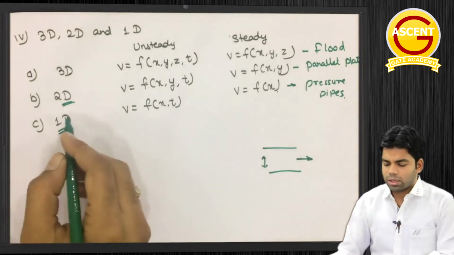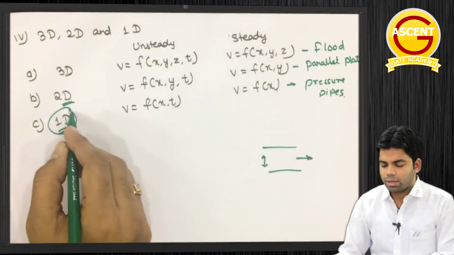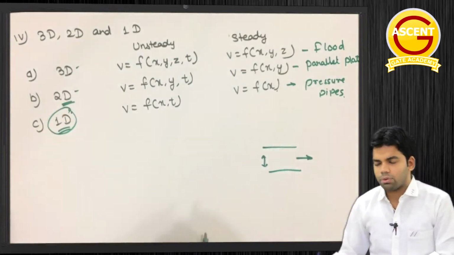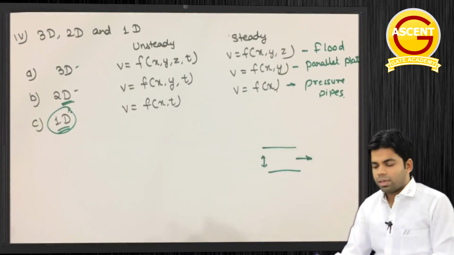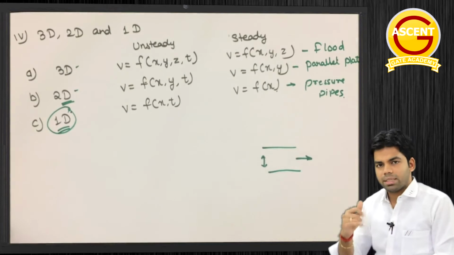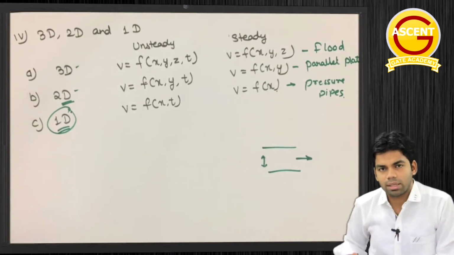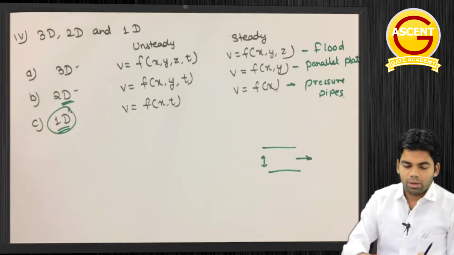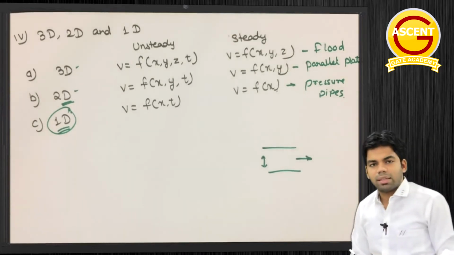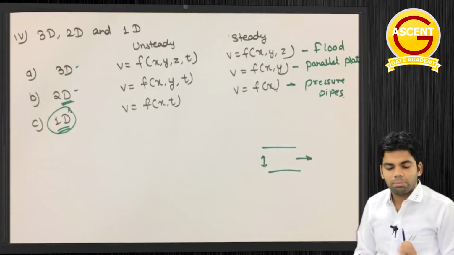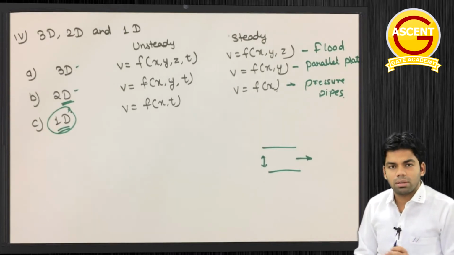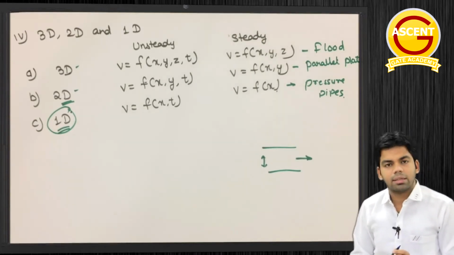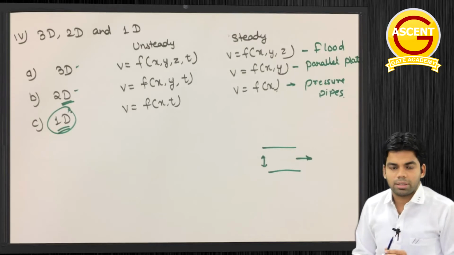So the flow can never be a 1D flow, it can be either a 2D flow or a 3D flow. Getting this or not? Okay, so you can write down the note: the flow is never truly one-dimensional because viscosity causes the fluid velocity to decrease to zero at the boundaries.